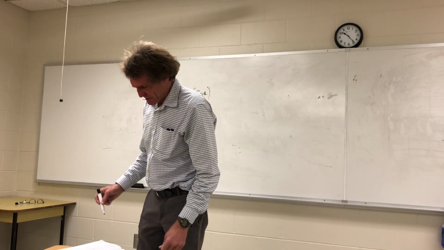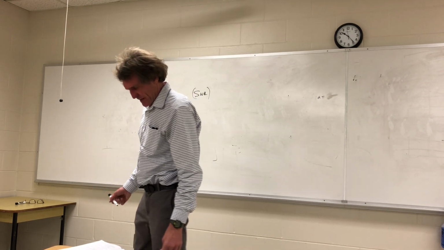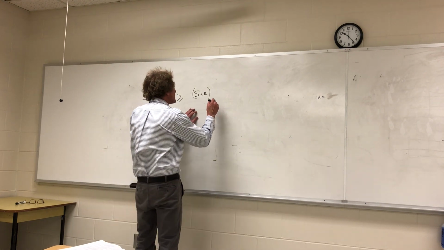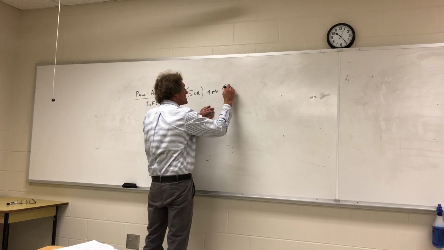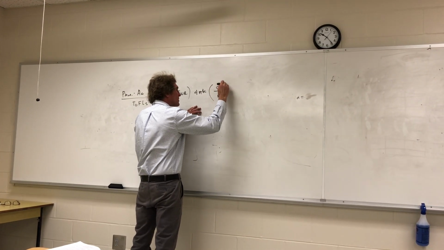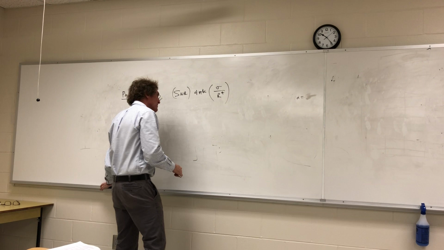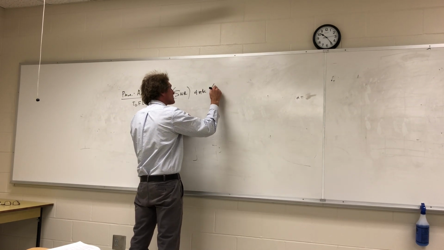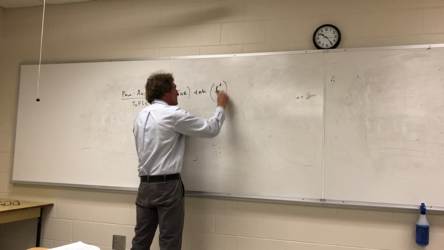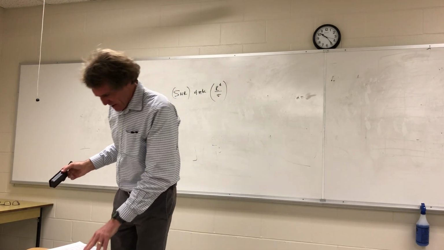Then he's going to have times the 4 pi k, which is kind of interesting. Then he's going to have sigma over r to the 4th. Other way, I'm sorry, r to the 4th over sigma. That's right, it's inverted. Cap omega over TFS.